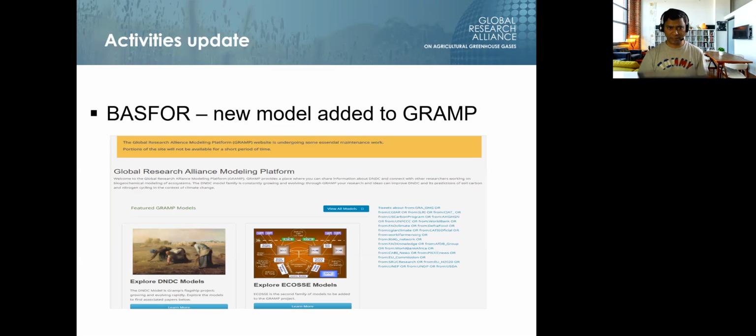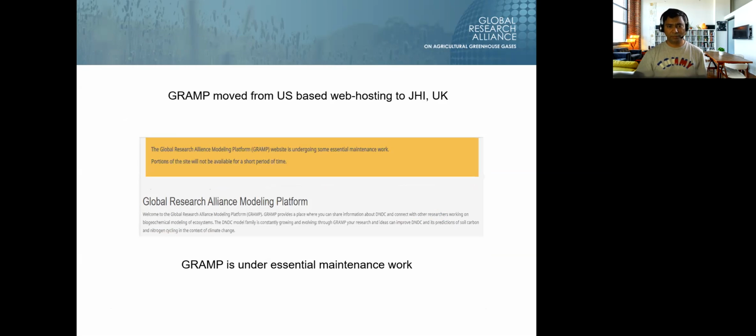There is a paper you can see that gives you a clear picture of how DNDC developed over a period of time, and of how ECOS developed. And now the next model coming is the BAS4 family, that is now added to the GRAMP platform.